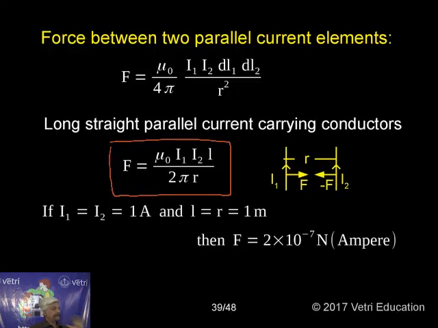Therefore the force is 2 into 10 power minus 7 Newton. So when two parallel wires carry current and are separated by 1 meter distance, and the current flowing through them is 1 ampere, then the force developed is 2 into 10 power minus 7 Newton. That is called 1 ampere.